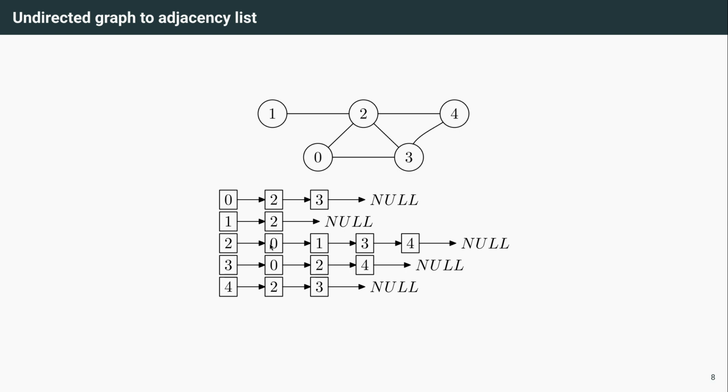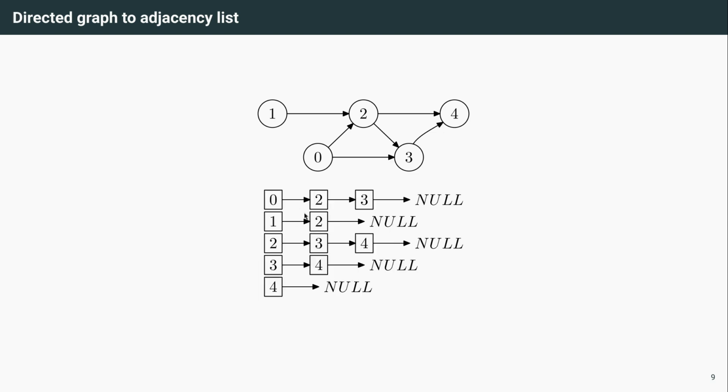So 2 will point to 0, 1, 3, 4. Similarly, 3 will contain 0, 2, 4, because 3 is connected to 0, 2, and 4. And 4 will point to 2 and 3. So that's how an adjacency list is represented for an undirected graph.